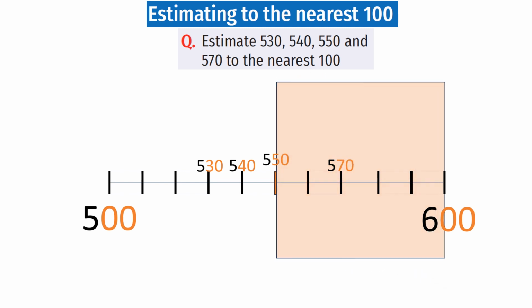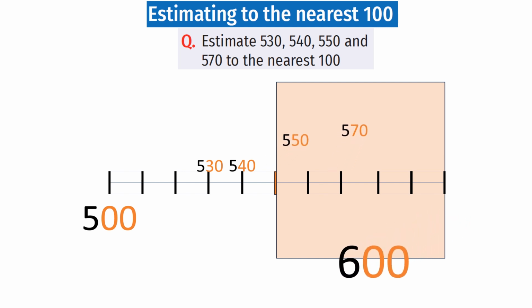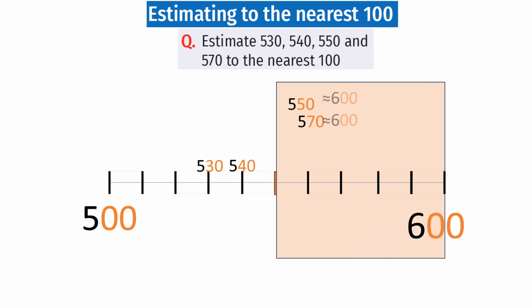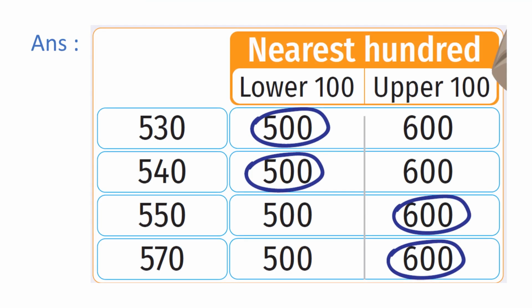So, estimated to the nearest 100, 550 and 570 are estimated to 600. For the four numbers, the table shows the lower hundred and upper hundred, and the estimated value to the nearest 100 is circled.